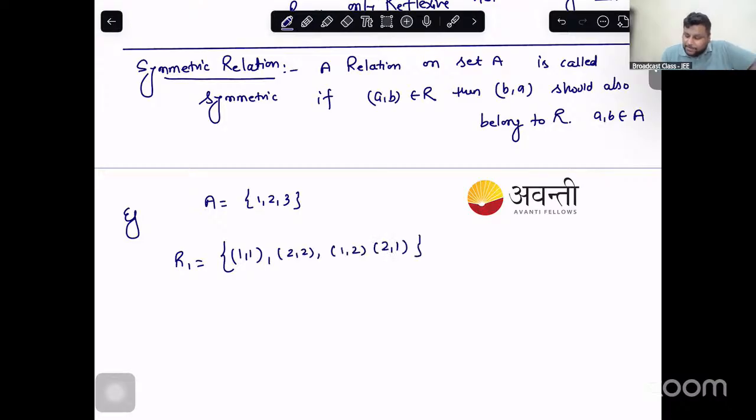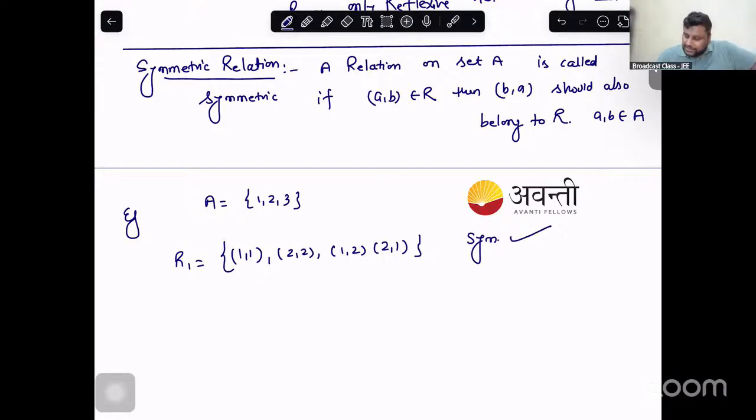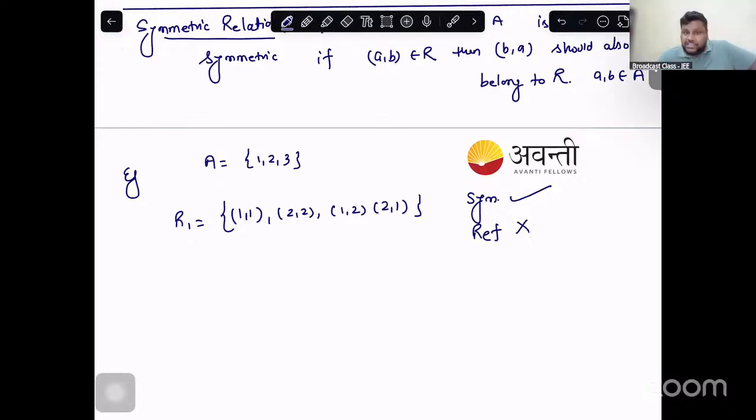Is it symmetric? Yes, there is a (1, 2), then there is a (2, 1) also. Is it reflexive? No, because (3, 3) is not there.